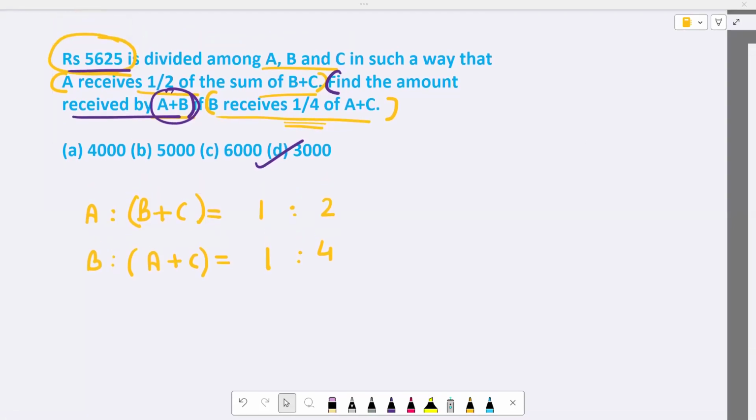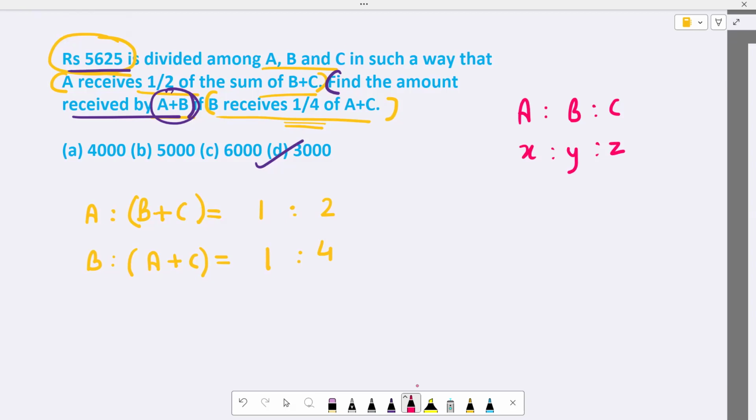Now there can also be another way to solve this particular question, that is by variables. So here we'll create such equations. For example, we write that the direct ratio between A, B and C can be X ratio Y ratio Z. We have written this.